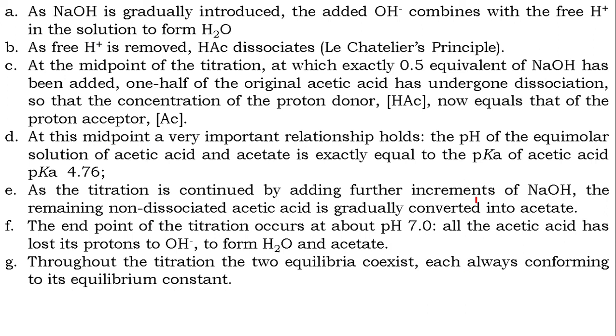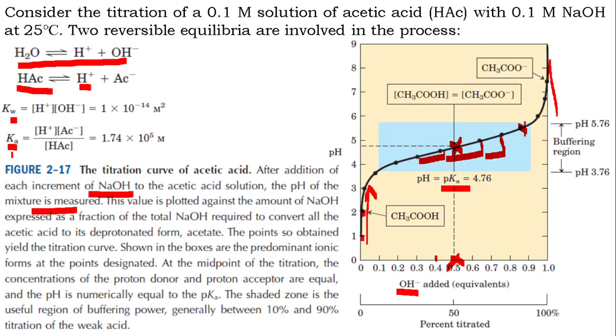And what happens there? As NaOH is introduced, it is adding OH minus ions. This OH minus ion reacts with the protons and becomes H2O. And as the protons are removed from the solution, more of the acid dissociates. This acetic acid is a weak acid compared with mineral acids, which means it is not 100% dissociated.